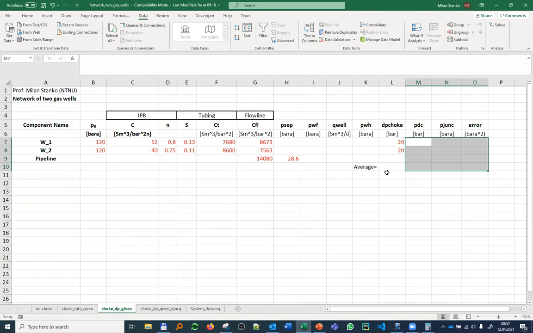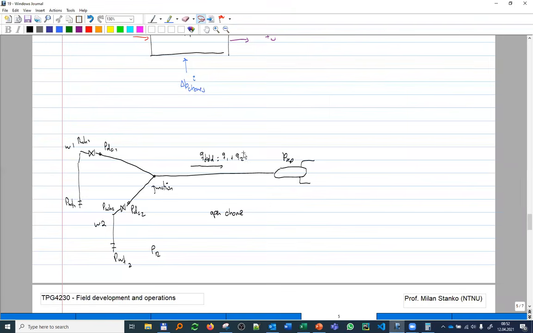Okay, so let's try to solve it, and the strategy is going to be more or less the same. We go from reservoir to bottom hole, from bottom hole to wellhead. But now we are not going to stop there, because we already have the delta P, so we can calculate that pressure. Now we are going to move from this pressure to the junction, and we are going to stop there.